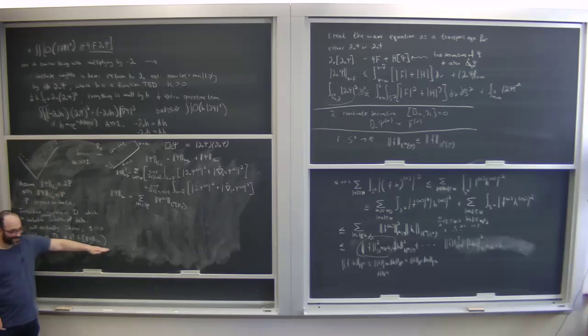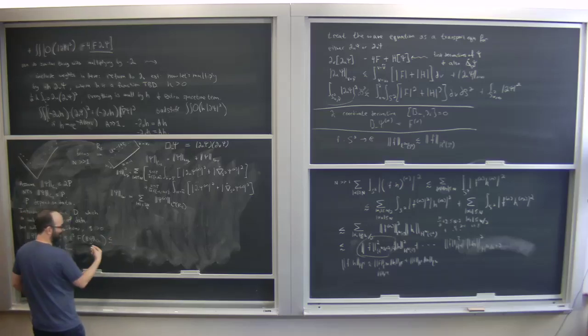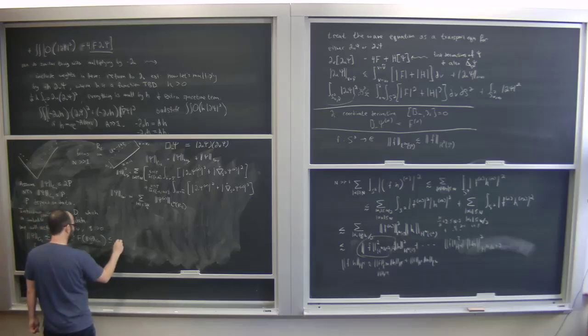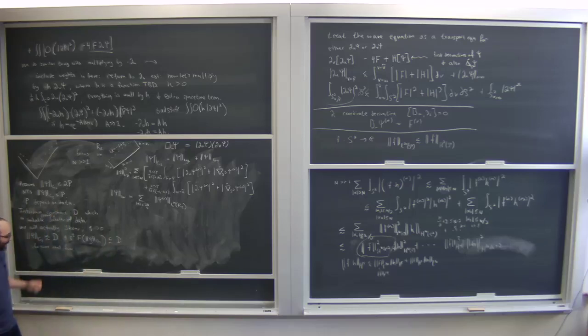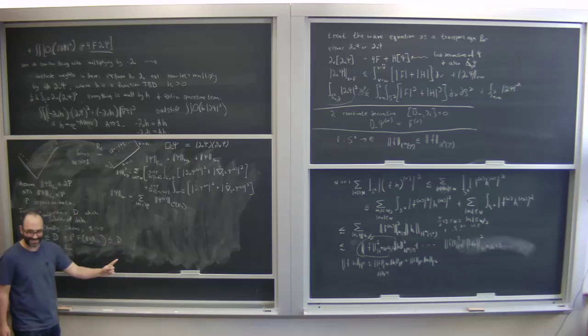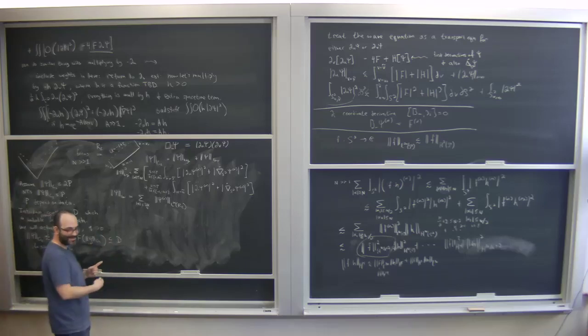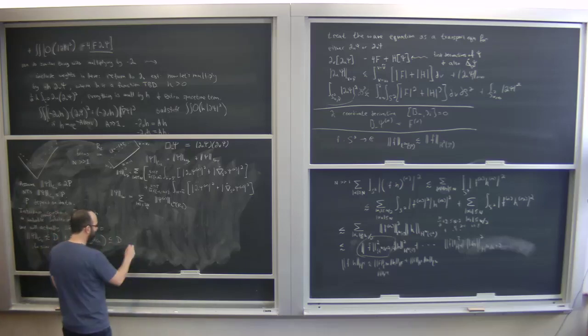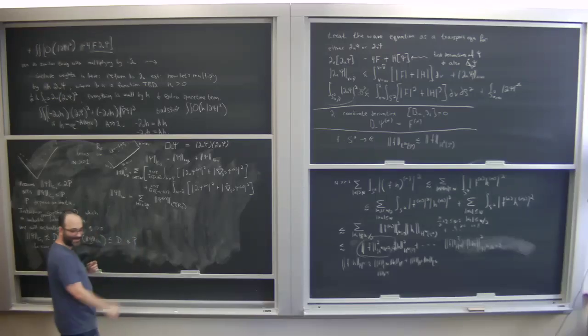So you can effectively make this as small as you want. Under the bootstrap assumption, and then picking epsilon small enough, this will all be less than D. And because you can pick P to be bigger than D, you can arrange that this is true.